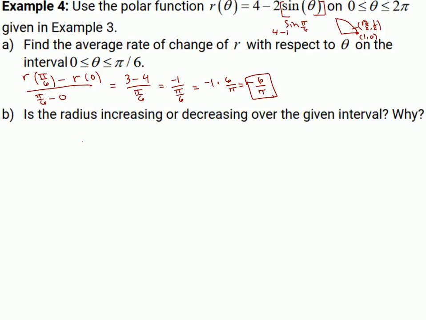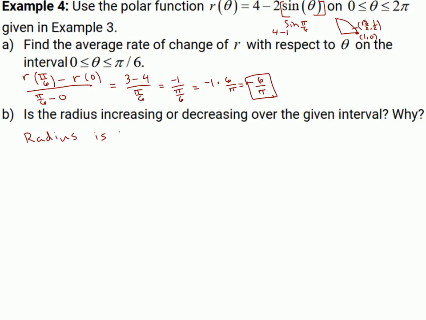The follow-up question here is: is this radius increasing or decreasing over the given interval, and how do we know? I would say that the radius is decreasing, and I know because that average rate of change is negative. So let's write this out very specifically.